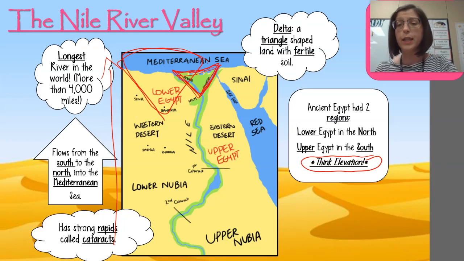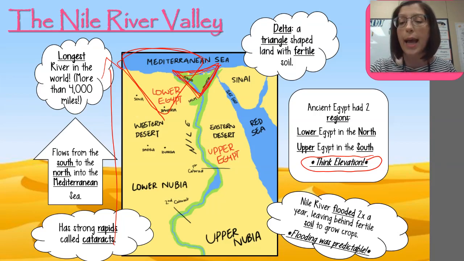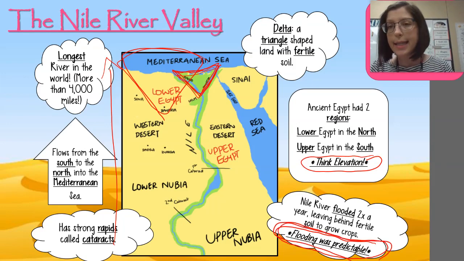So you should have filled in think elevation. And now you're going to put Nile River flooded 2 times a year, leaving behind fertile soil to grow crops. This is where I need you to add in the extra piece of information right here. Flooding was predictable. I need to see that in there.